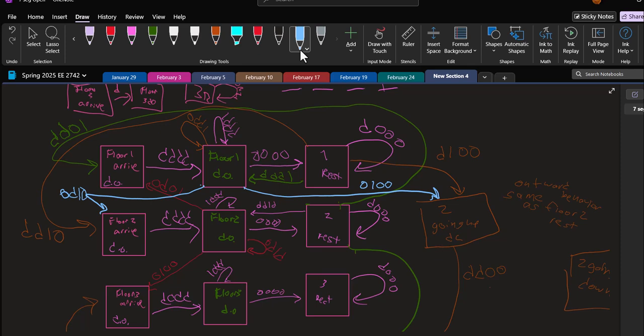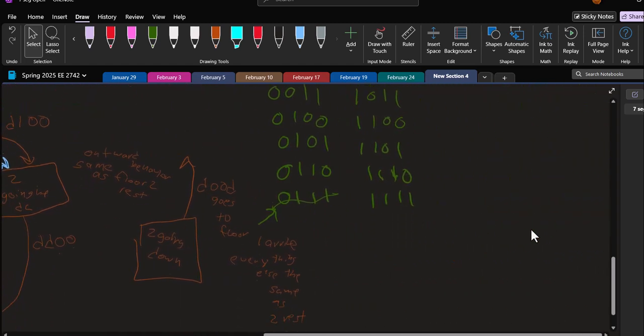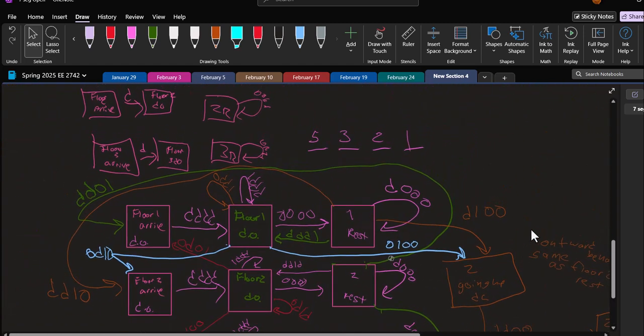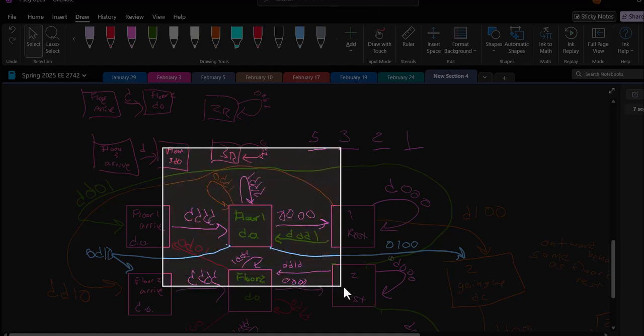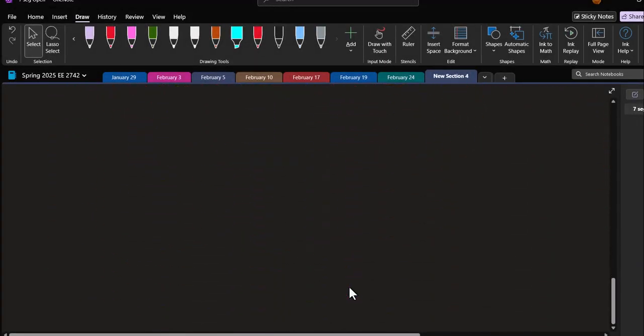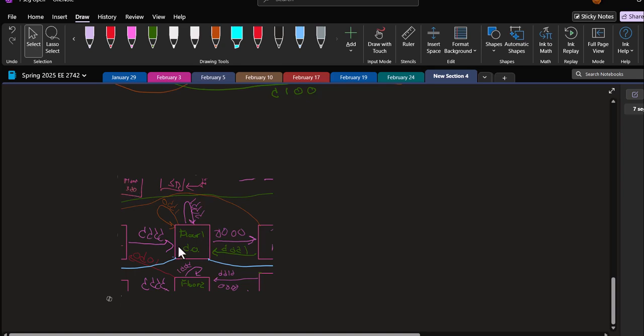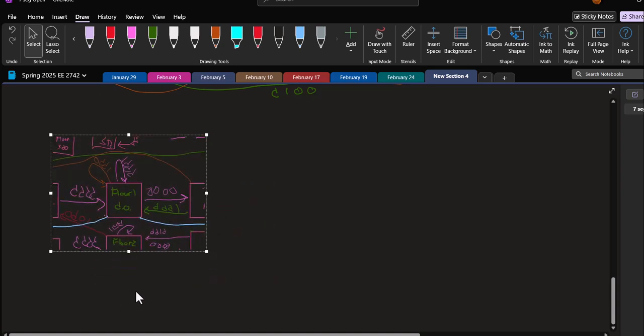I would like to pause for a minute and make sure that we got everything for this state, the floor 1 door open. Let's look at all of the behavior not of getting to this state, but coming from this state. We had 1, don't care, goes to floor 1 door open. We also had 0, don't care.